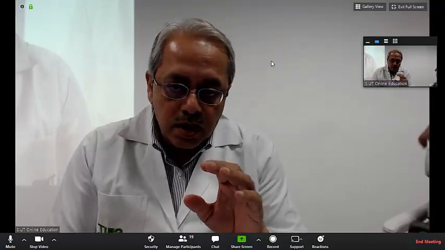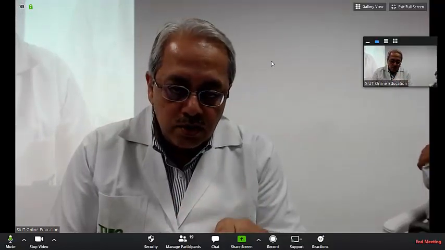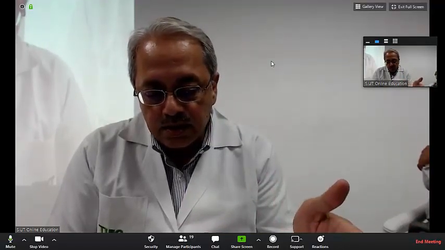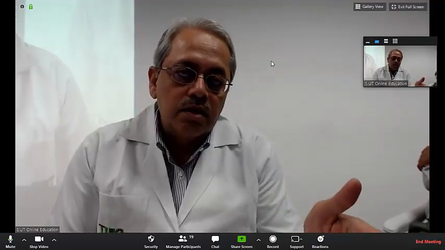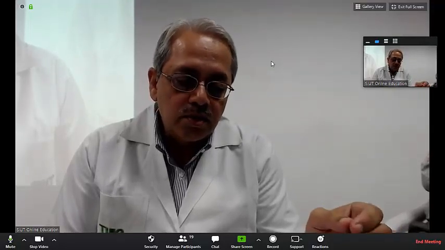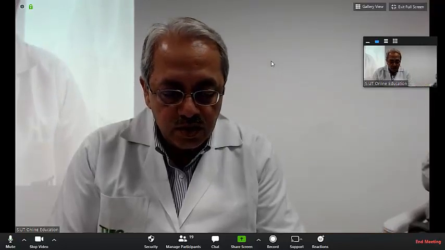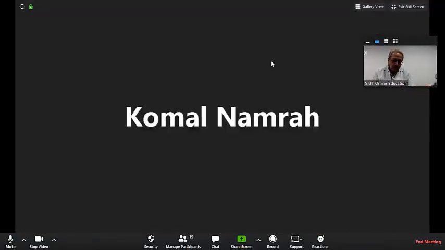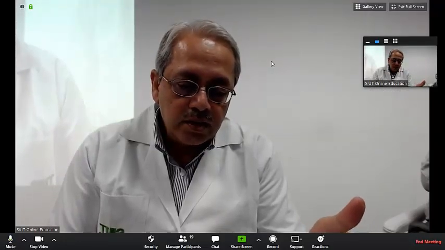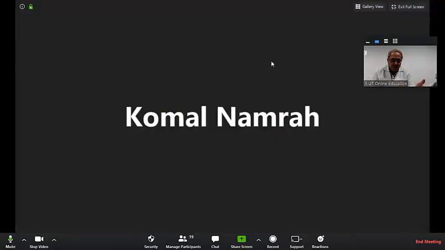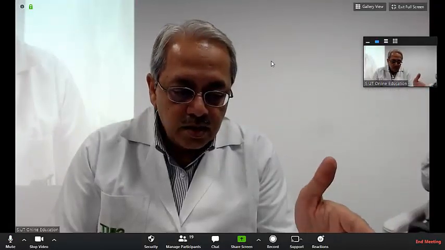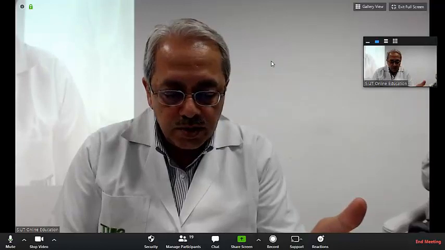If the PSA goes down to zero level, 0.000, three decimal places, then this is a radical prostatectomy done because of good selection of the case and good staging. By staging, I mean that the cancer is organ confined and there are no lymph nodes affected by the disease. So if you have done lymphadenectomy and radical prostatectomy, the PSA should go down to 0.000.